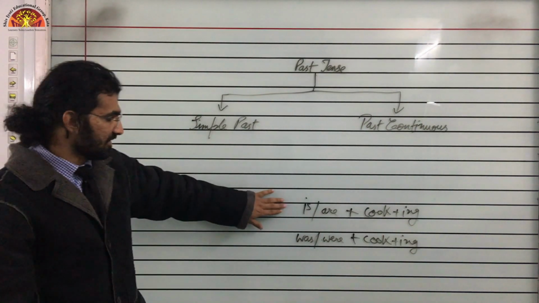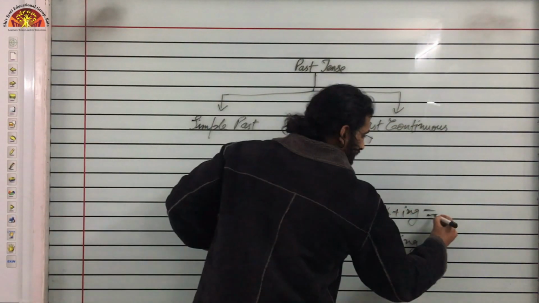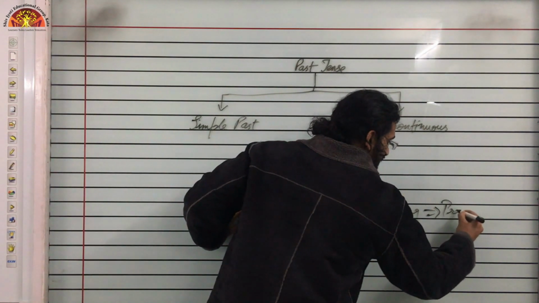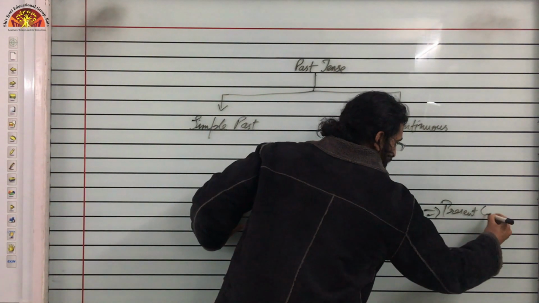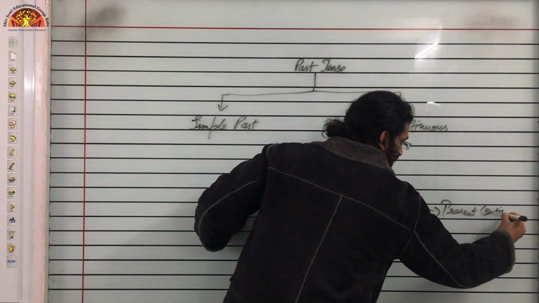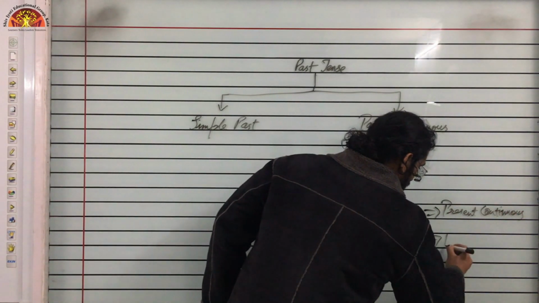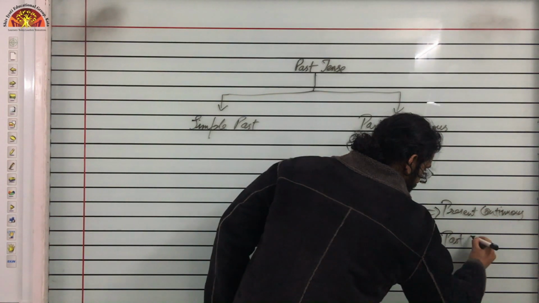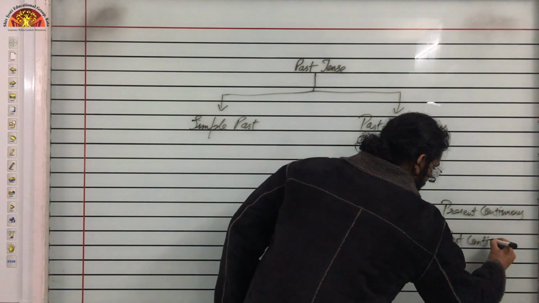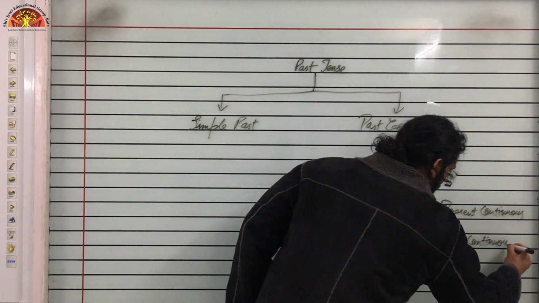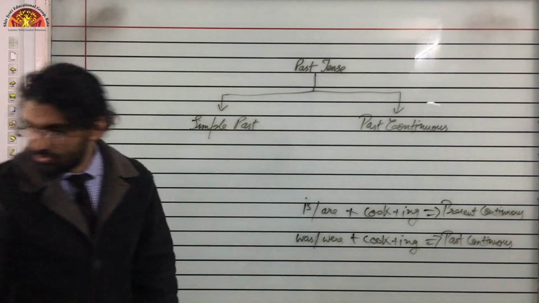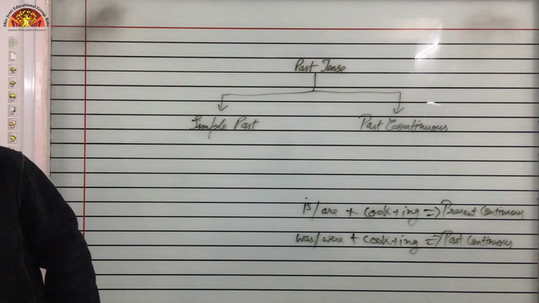So this was present continuous, I'm just reminding you. And this is past continuous. You can anytime pause the video and replay to see anything if you feel like you have missed anything.